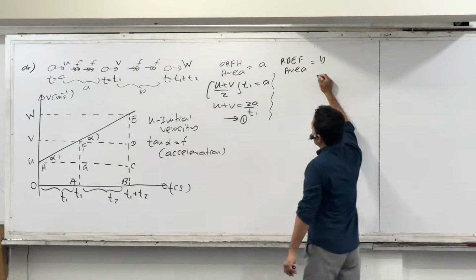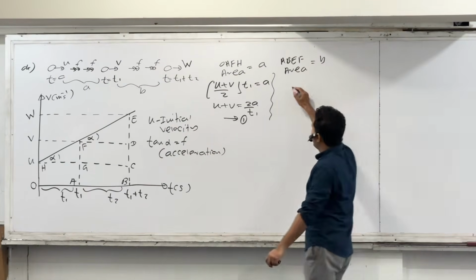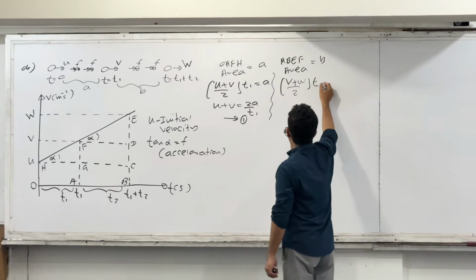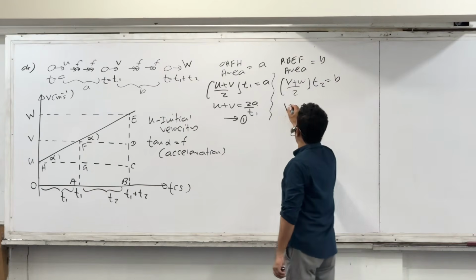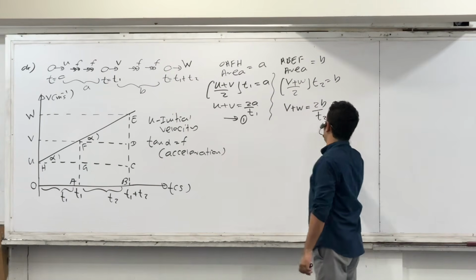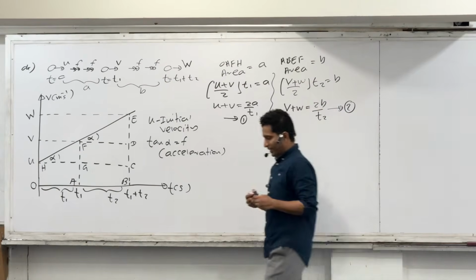This was B. Since this is a trapezium, the area is the sum of the two parallel sides, so (v plus w) divided by 2 times t2 equals B. Here you will get v plus w equals 2B over t2. I will take this as 2.